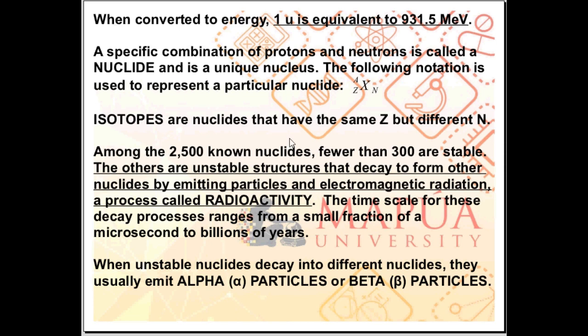It all depends on the nuclide that is decaying. When unstable nuclides decay into different nuclides, they typically emit alpha particles or beta particles. When alpha particles are emitted, you have alpha decay, while if beta particles are emitted, you have beta decay.